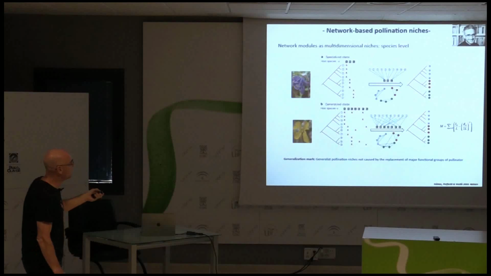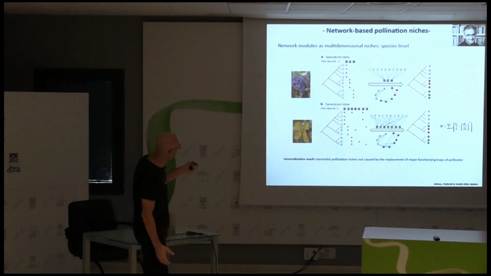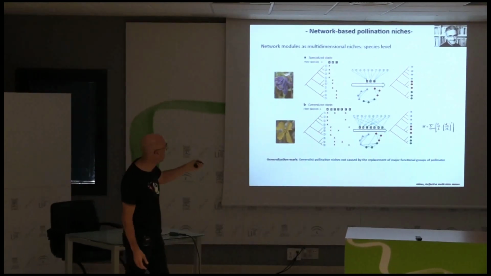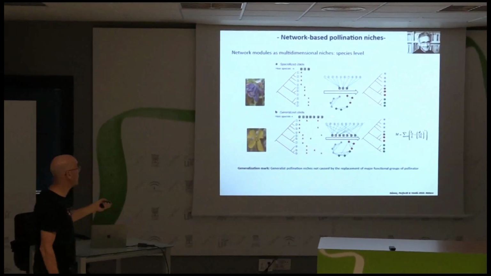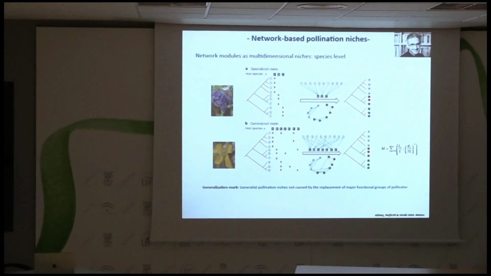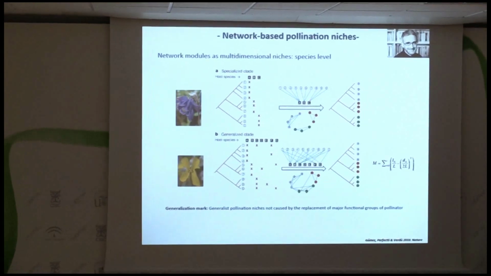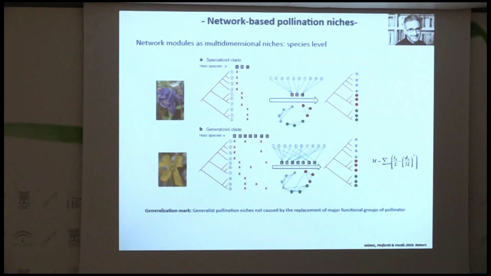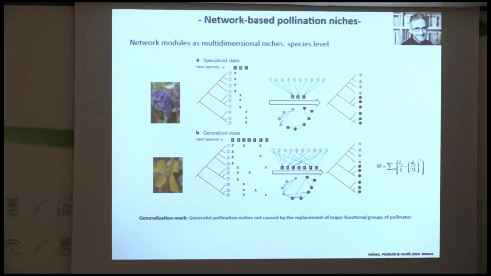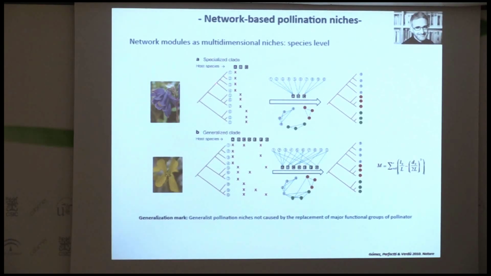If you convert this into a bipartite network, putting the plant species here and the interacting organisms here, you see that they are linked with completely different groups of interacting organisms, and the modularity is perfect. There are 3 modules. This exercise is vacuous. We don't need to do that because we can pass directly to here.